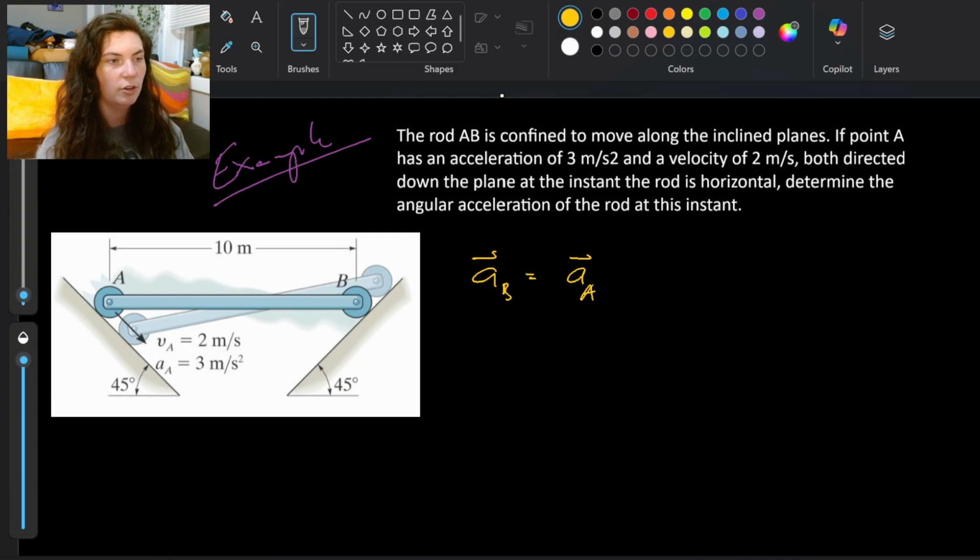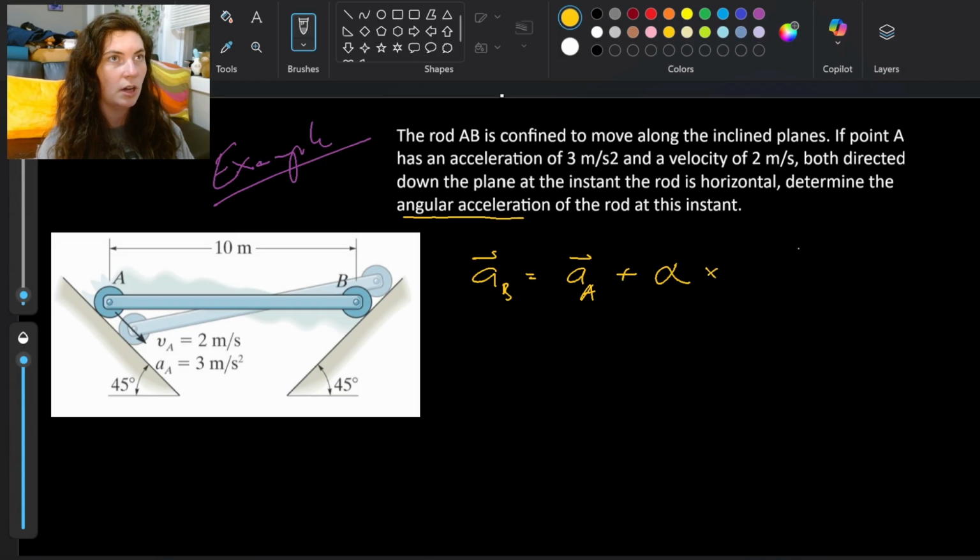It's just a 45-degree angle. And then our next component, we've got our alpha, our angular acceleration. We know we're looking for that. That's what the question asked for. We know we don't have that.